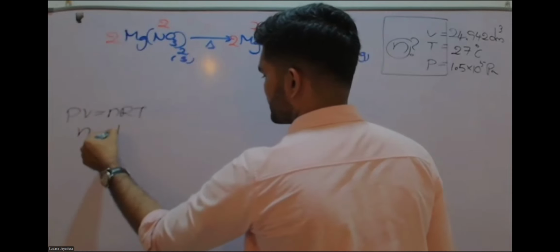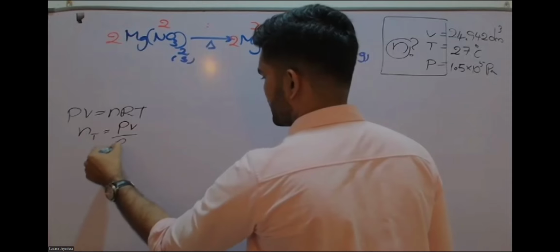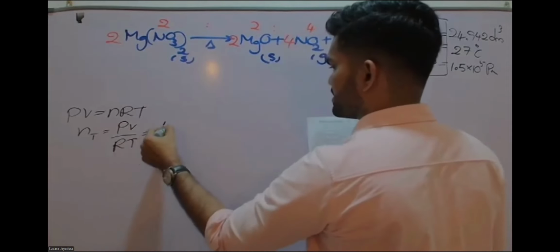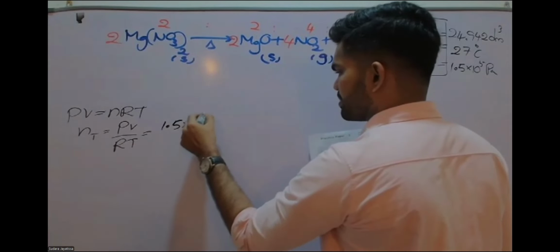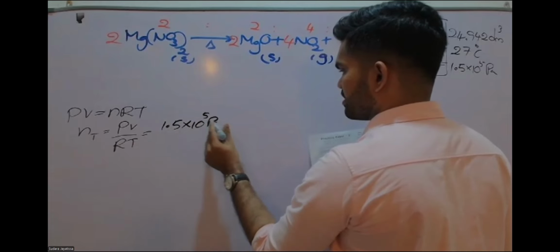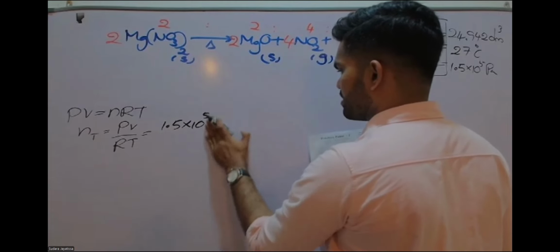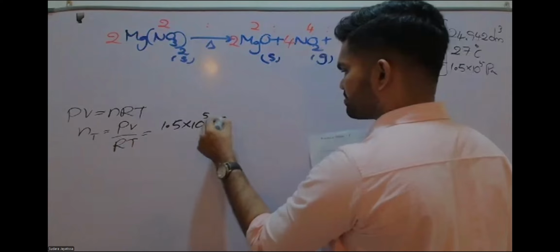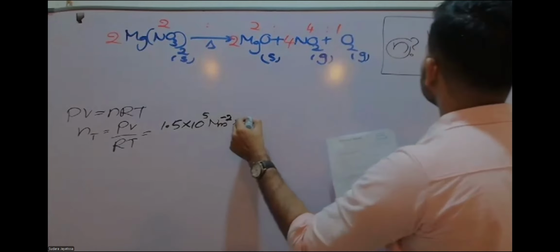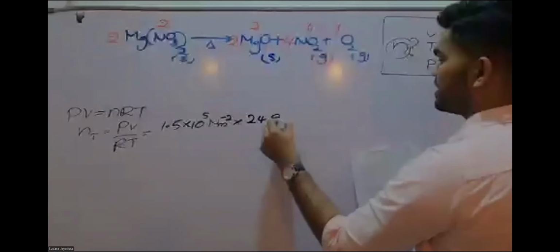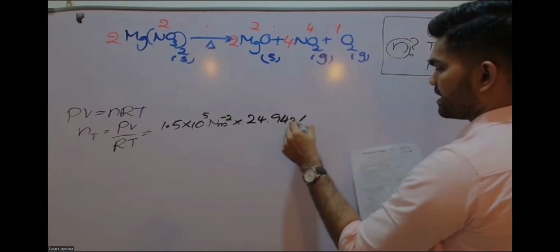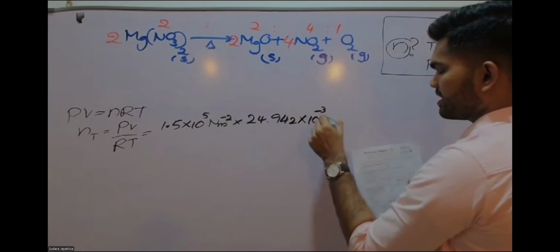So n total is equal to PV over RT. Here the pressure is 1.5 into 10 to the power 5 Pascal, or you can write it in Newton per square meter if you want. Then the volume is 24.942 into 10 to the power minus 3 meter cube.